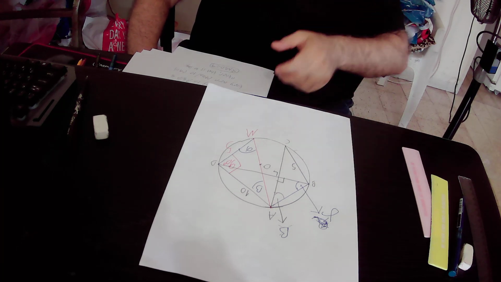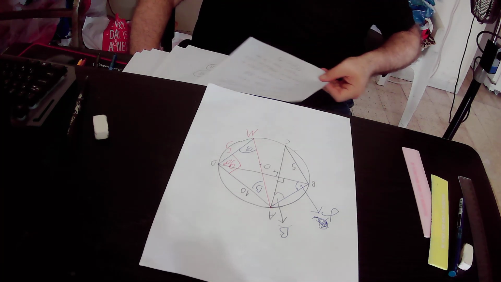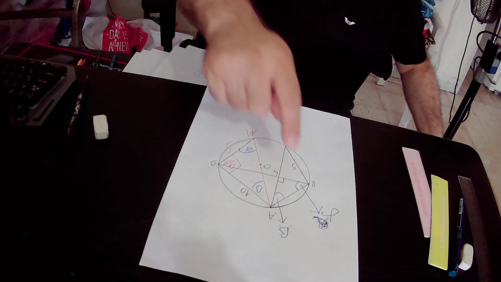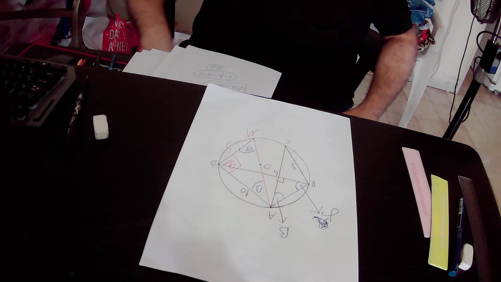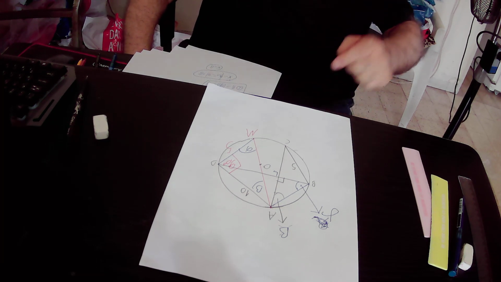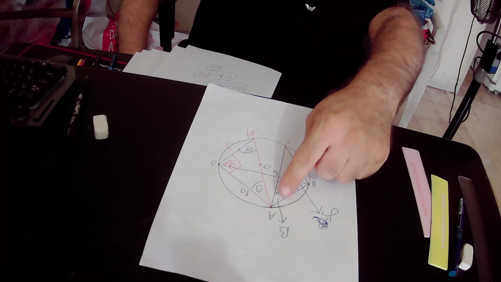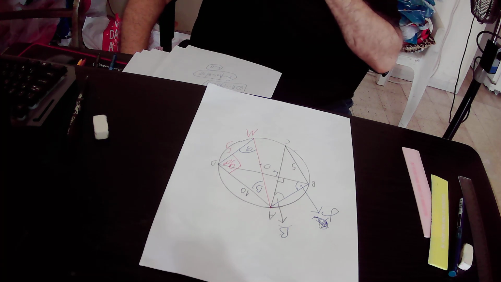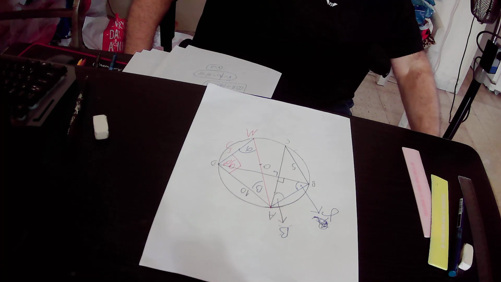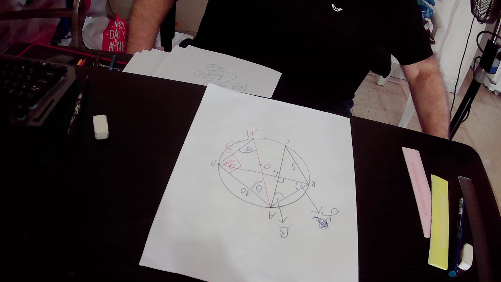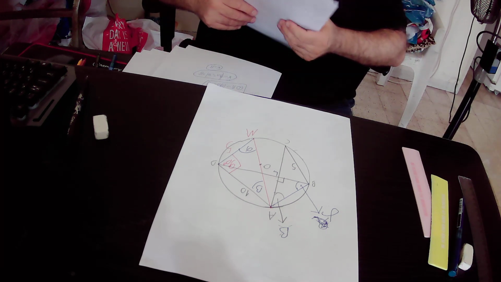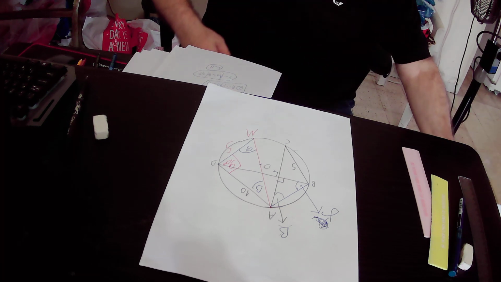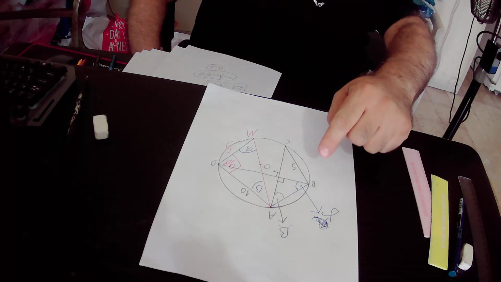In the right triangle ABL, we define the angle BAL as x, and we know that the sum of the angles in any triangle equals 180 degrees, and it is true especially for the right triangle ABL.